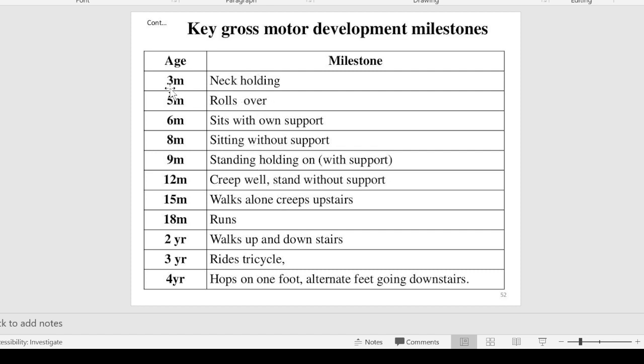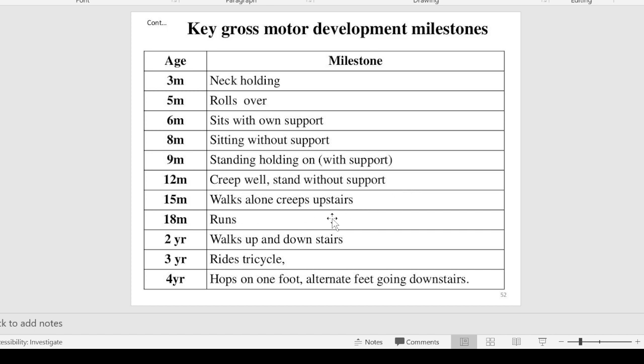At the third month, neck holding. At the fifth month, rolls over, meaning turning from front to back. Sixth month, sits with support, and eighth month, sits without support. Ninth month, stands holding on with support, and 12th month, creeps, crawling we can say, and stands without support.